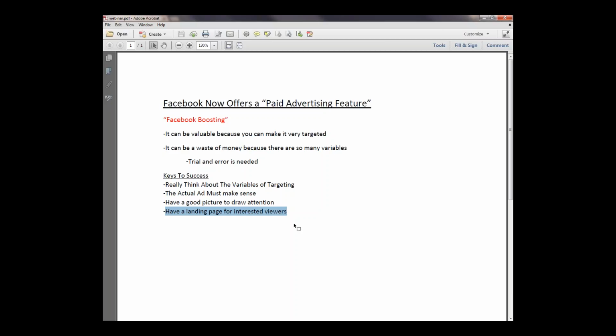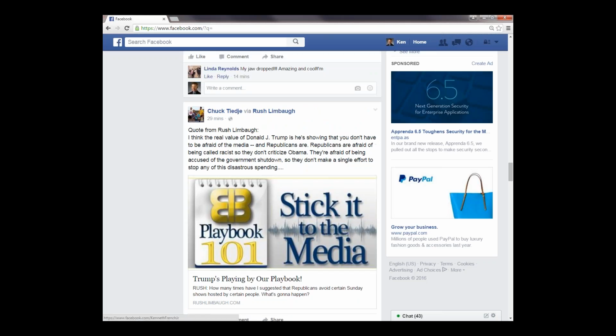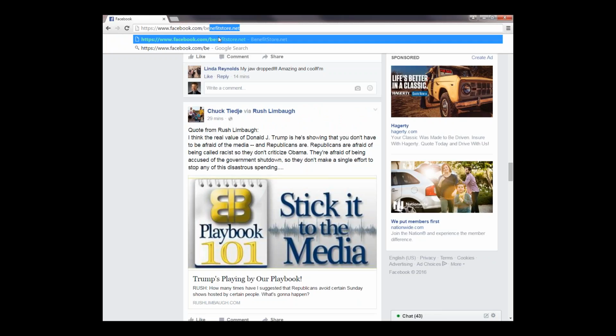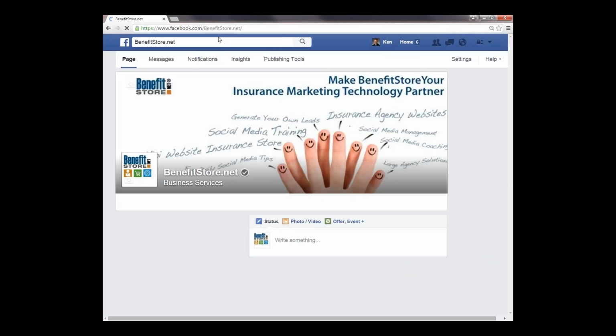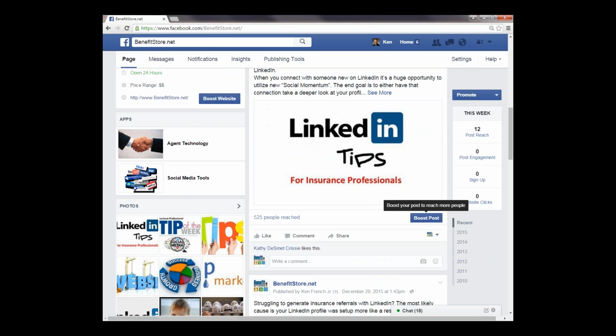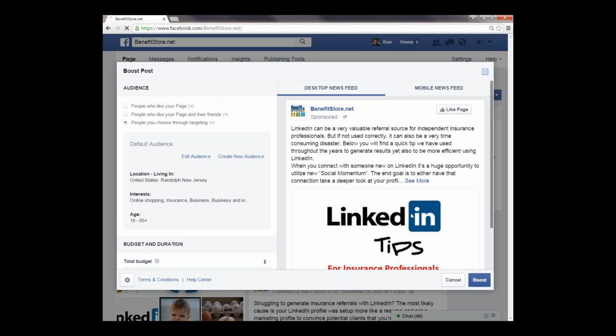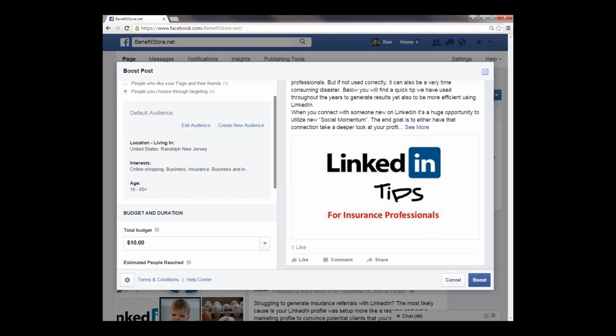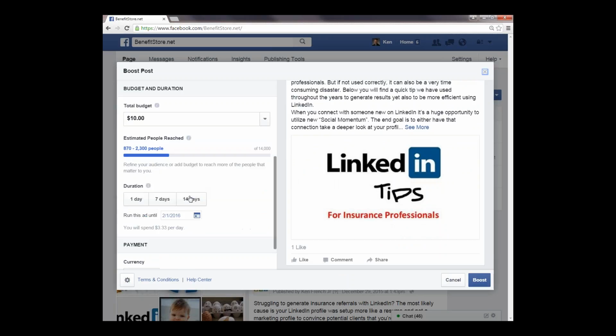So these are things you really want to consider before you put your credit card in there, because that's what Facebook is going to ask you to do. Once you want to start boosting, you come up with your ad and then you set the amount you want to pay. I believe the more you pay, the more people will see it, and the longer they will see it. But what I suggest, if you are interested in something like this, is to play around with it a little bit before you set anything up, just like I'm doing. Click on the boost button and play around with the different parameters.